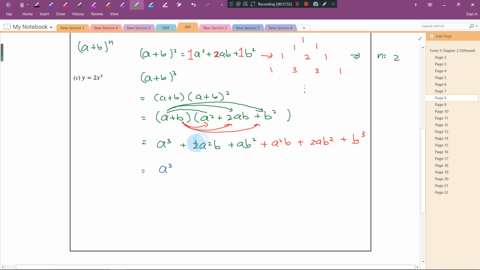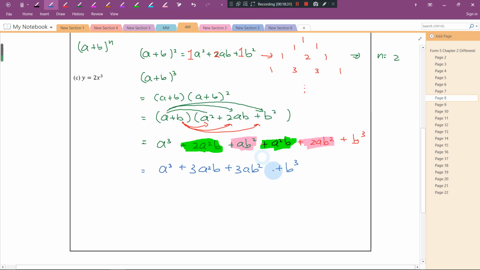We look at the like terms. 2A squared B. Okay, here we have another one. So total up, we will get 3A squared B. Now we look for AB squared. Here we have 2AB squared. So total up, we will get 3AB squared. And the last one, we just copy plus B cubed, right?